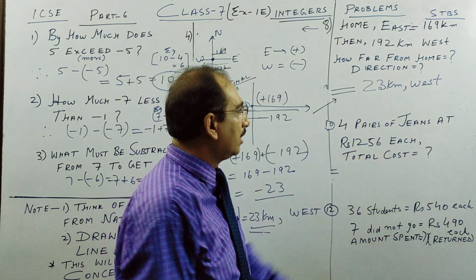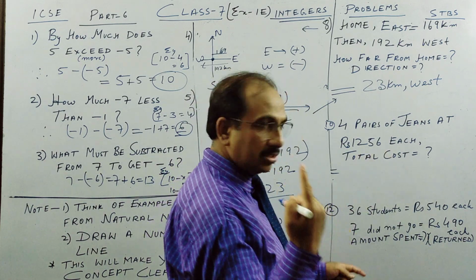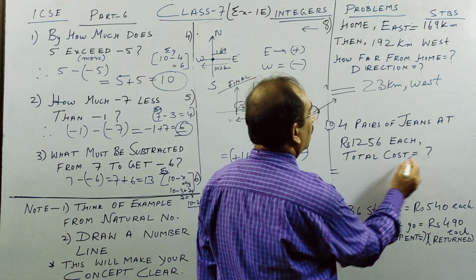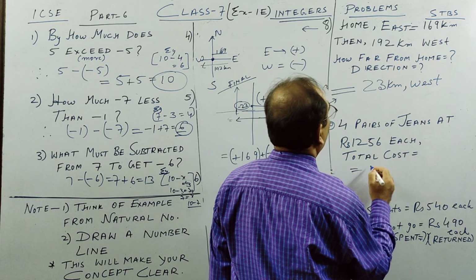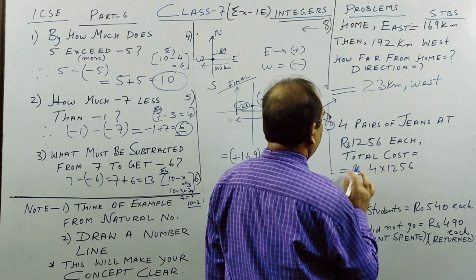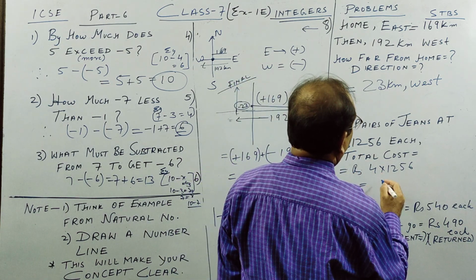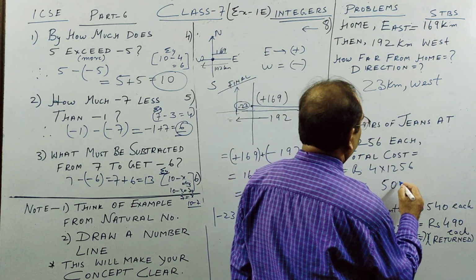4 pairs of jeans at 1256 each. So one jeans is costing 1256. So total cost will be equal to 4 into 1256 rupees. When you multiply, I think you will get 5,000. 1250 into 4 is 5,000, and 6 4s are 24.